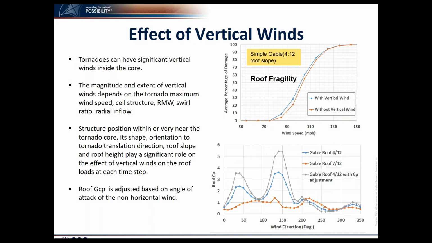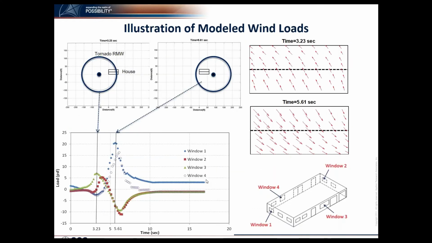Here it's showing an example of the variation of the roof CP for a gable roof 4x12, and the gray line is showing the roof CP when we adjust it for the vertical wind. And this is an illustration of how our model wind load works. So this is for a gable roof house for 2 positions of the house with respect to the tornado.